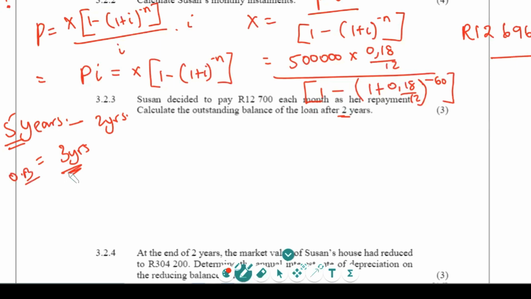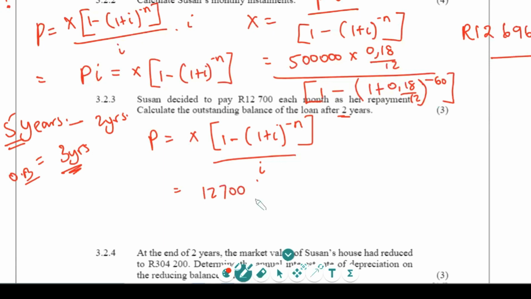So I can still use the same formula of the present value and say P is x into 1 minus 1 plus I to the exponent of negative n, divided by I. Then where there is x, I'm going to put my 12,700, into 1 minus 1 plus, we are still using the same interest rate.